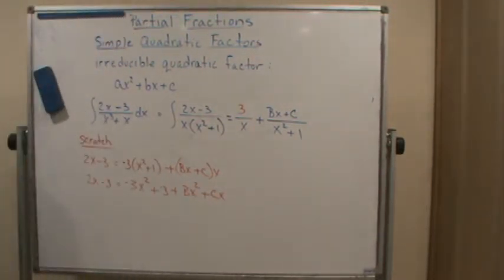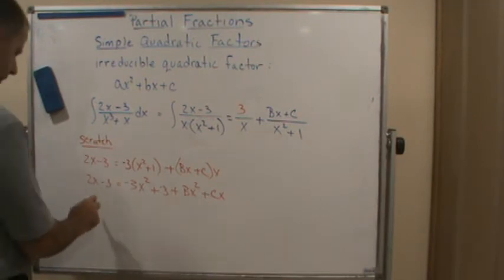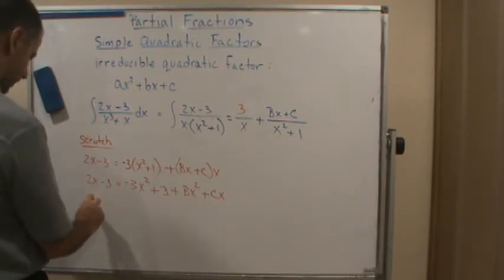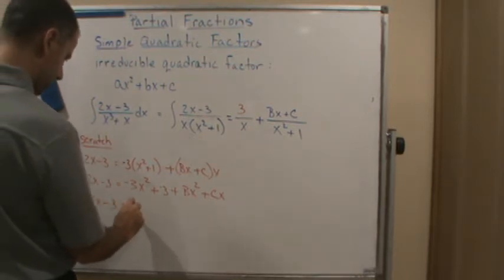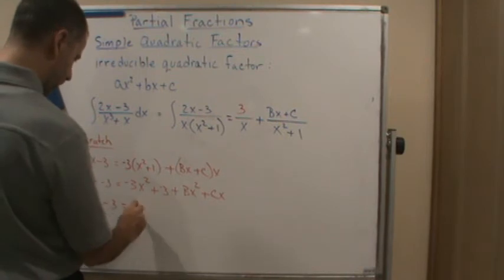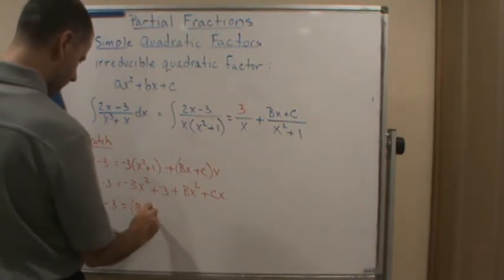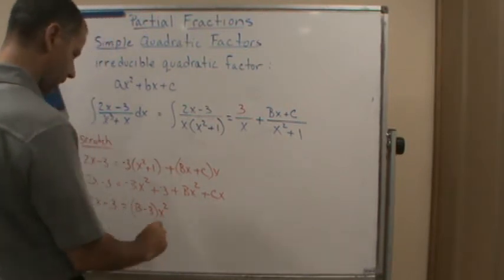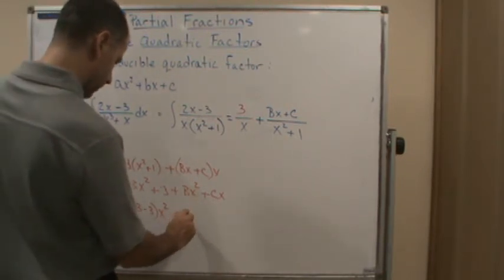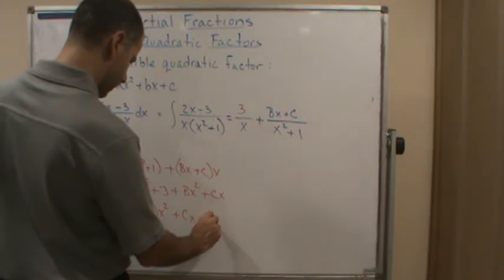Okay, and now I'm going to rearrange things so we know that 2x minus 3 equals, well, we got b minus 3x squared, and then we got plus cx minus 3.